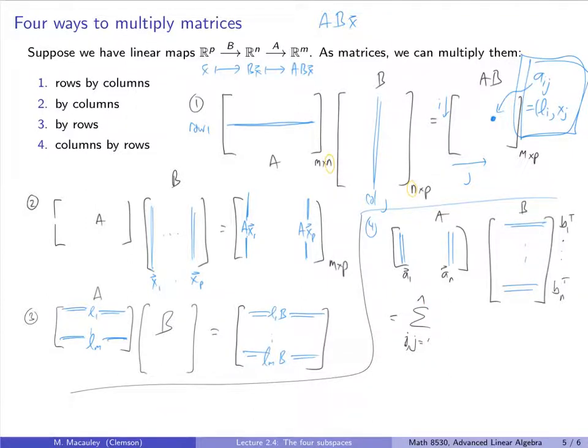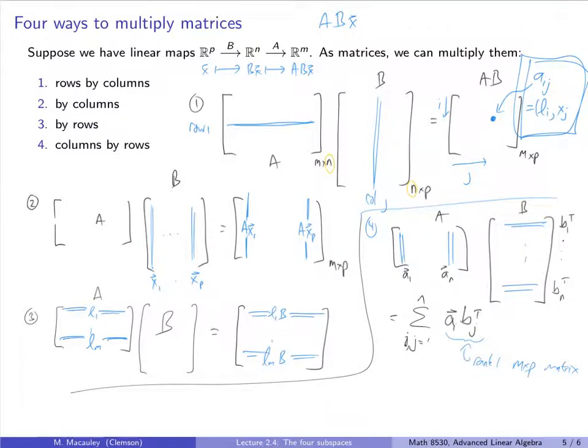And this is going to be ai times bj transpose. And if you think about what that is, this is going to be a rank 1 m by p matrix.